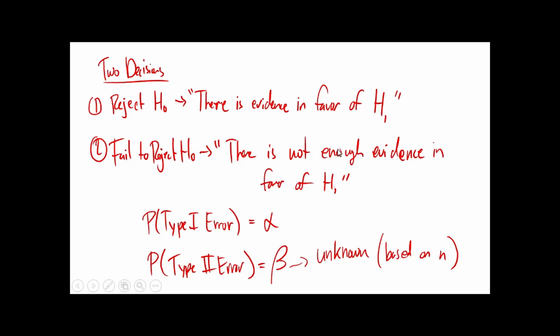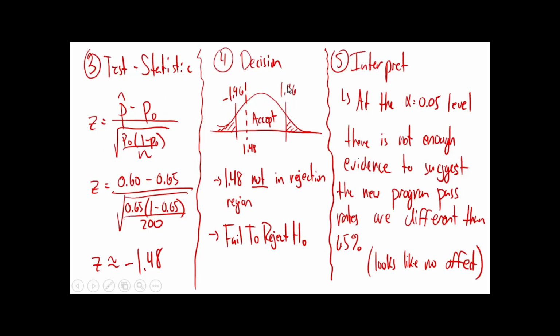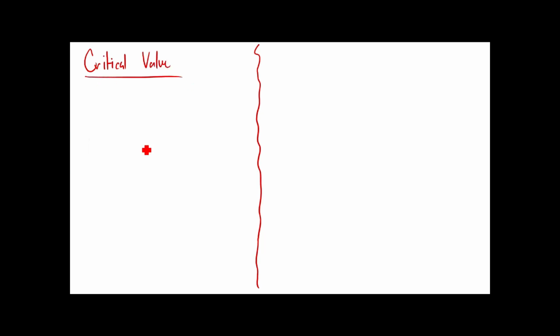All right. So far, this whole strategy we were taking was a critical value approach. There are actually two strategies. There's something called a critical value approach, and that's what we were doing.